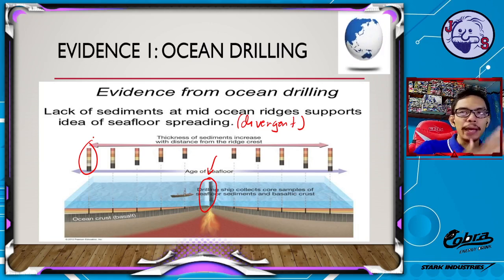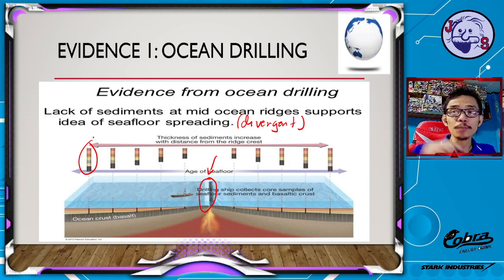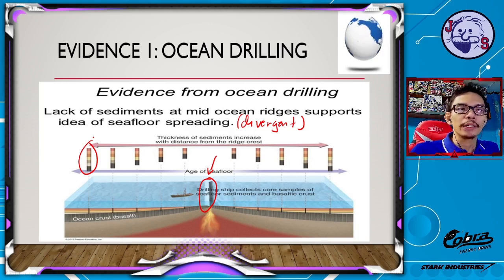As it goes far away from the mid-oceanic ridge, it becomes thicker. So remember, the thickness increases as you go far away from the mid-oceanic ridge.